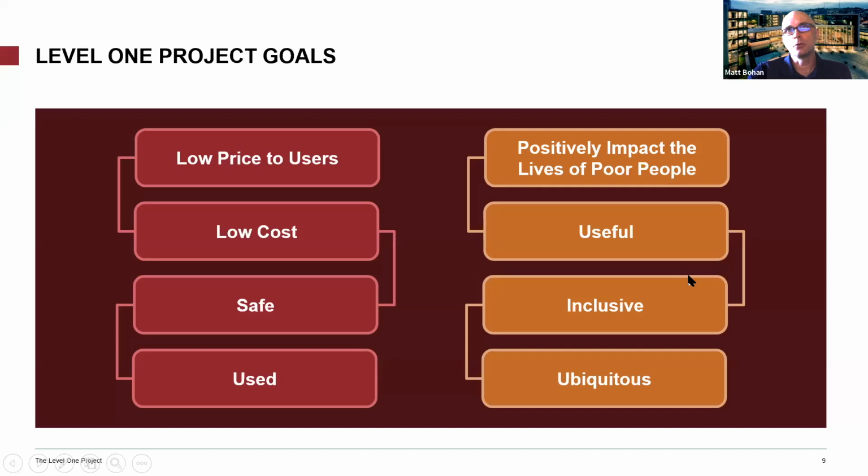It has to be inclusive. So all the folks who we're talking about who are previously excluded need to be able to get into the system to use it, and then it's got to be ubiquitous, right? So when I go into a shop, or when I go to a kiosk, or when I want to send money home to my family, they've got to have the system.